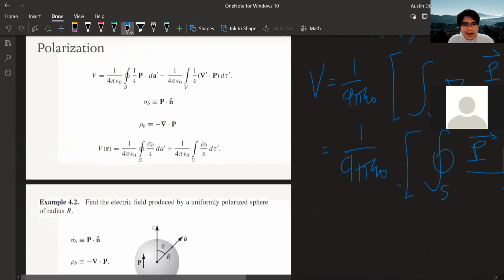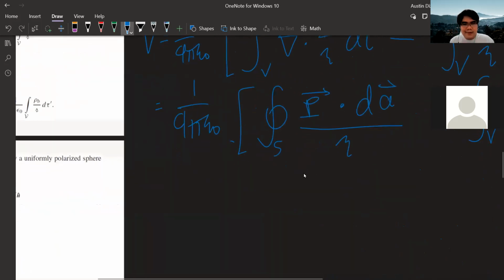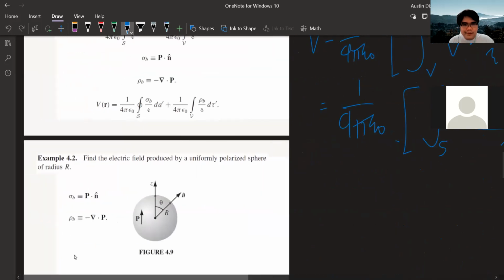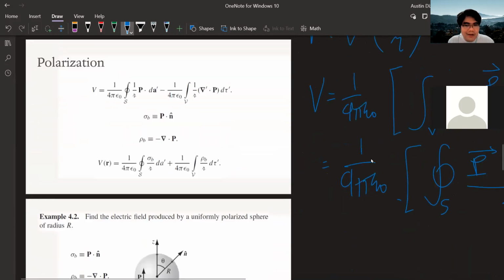Okay, now, ang gagawin natin is to write this down as some sigma. So, si P dotted with dA prime, okay, hindi ko nalagay yung prime. Pwede ko siyang isulat as sigma B, capital P dotted with n hat. So, yung n hat nandun sa kasama ng dA mo, di ba?